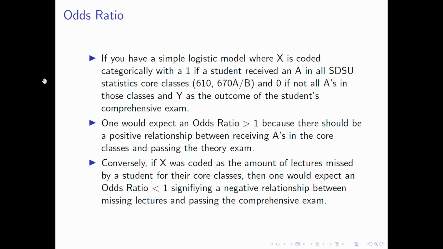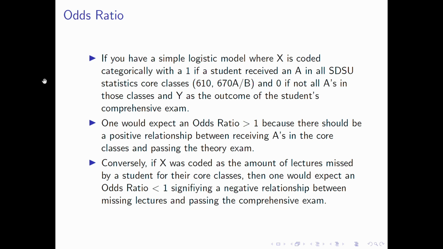If you have a simple logistic model where x is coded categorically with a 1 if a student received an A in all SDSU statistics core classes, being 610 and 670 A and B, and a 0 if not all A's in those classes, and y is the outcome of the student's comprehensive exam, one would expect an odds ratio greater than 1, because there should be a positive relationship between receiving A's in the core classes and passing the exam.